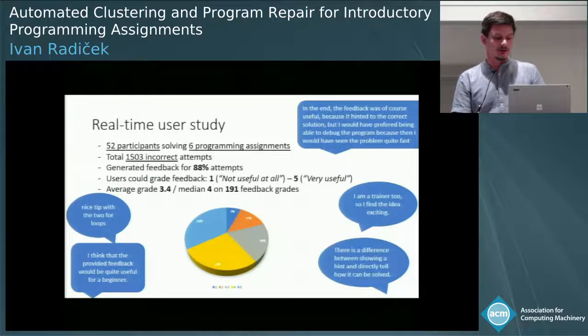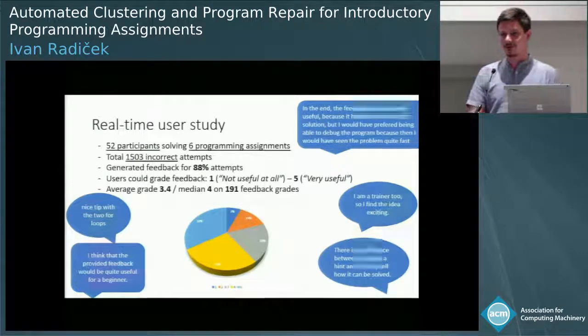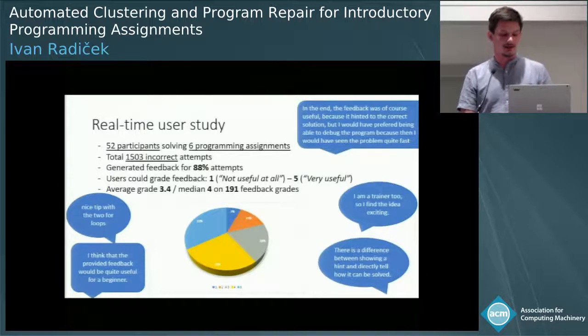We gave them 6 programming assignments, and while they were solving them, whenever they submitted an incorrect attempt, they would get feedback generated by Clara. These 52 participants on 6 programming assignments submitted around 1,500 incorrect attempts, and Clara was able to generate feedback for 88% of them.